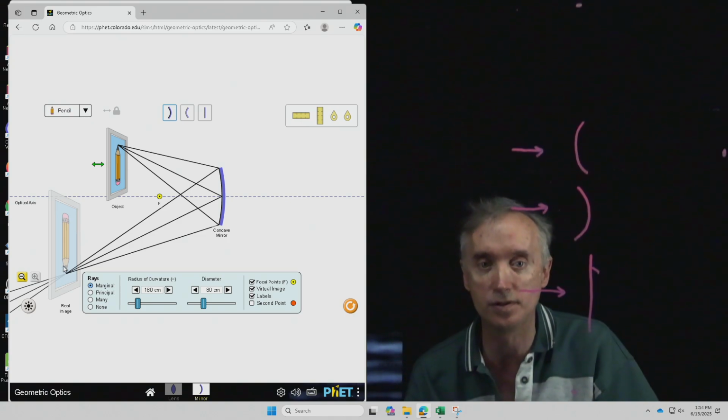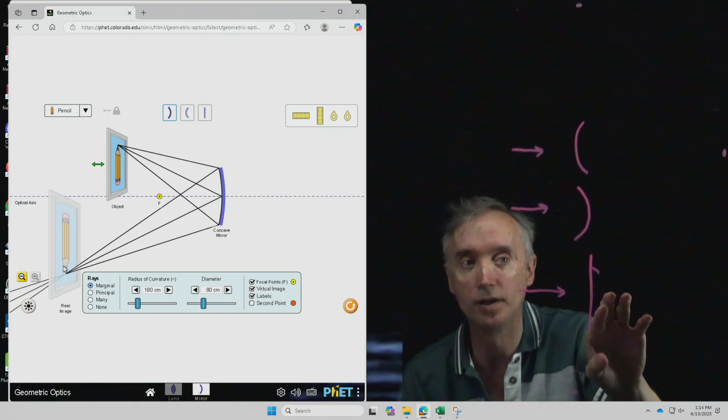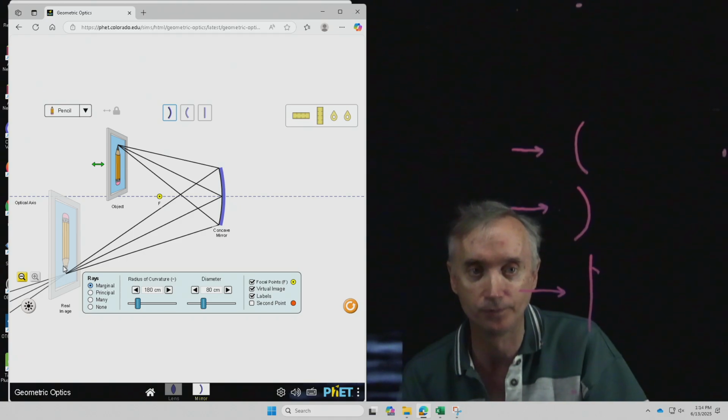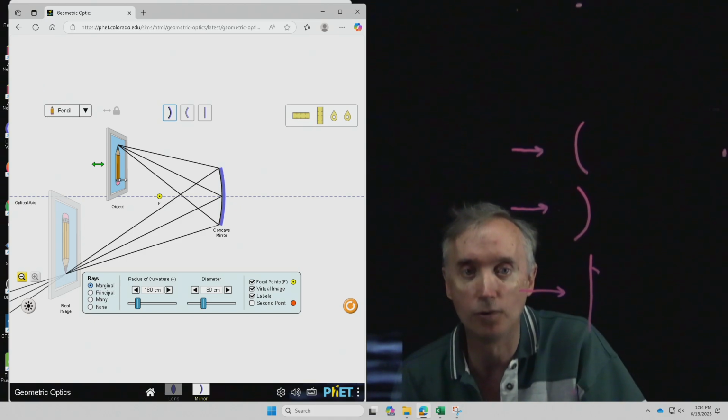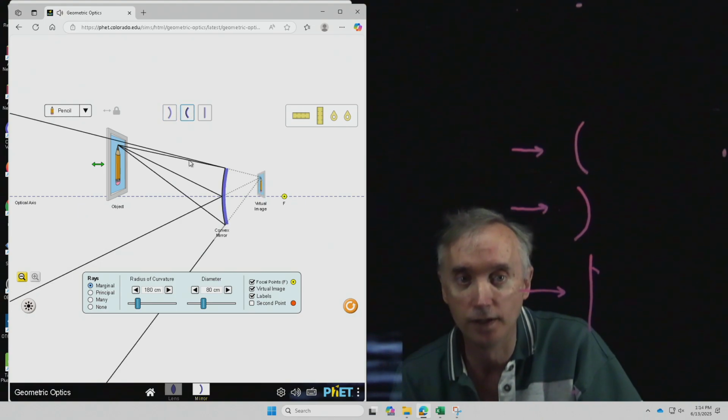Notice that this is completely different than when it was the flat mirror, because when it was the flat mirror, the image was over here somewhere. But now look at where the image is. But we don't want to do this one first. So we're going to click on this one. If I click on that one, you notice it now changed the shape.